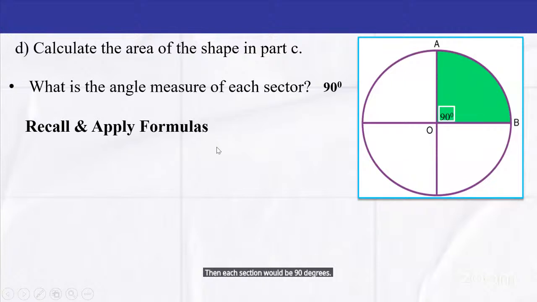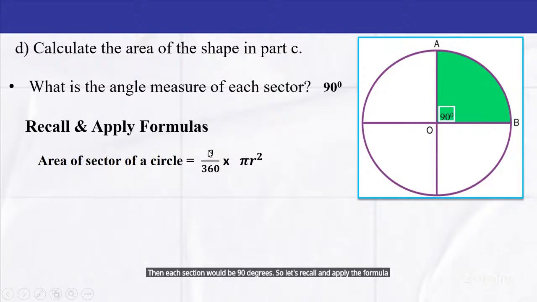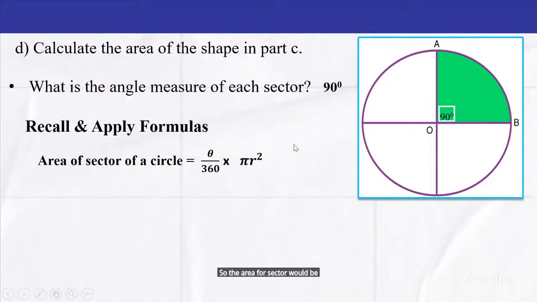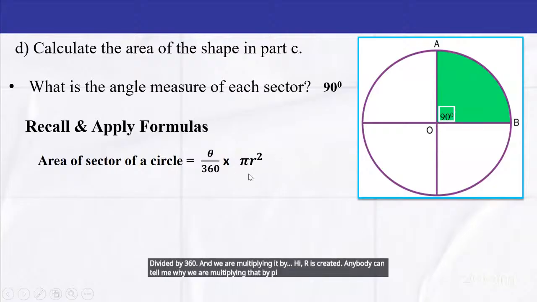So let's recall and apply the formula for a sector. The area of a sector would be the angle that is given divided by 360, and we are multiplying it by pi r squared. Can anybody tell me why we are multiplying that by pi r squared?